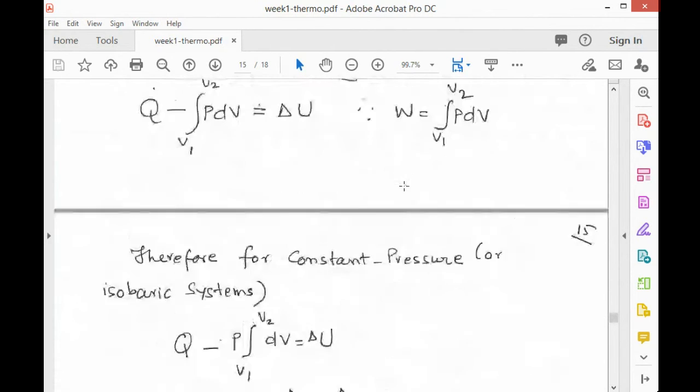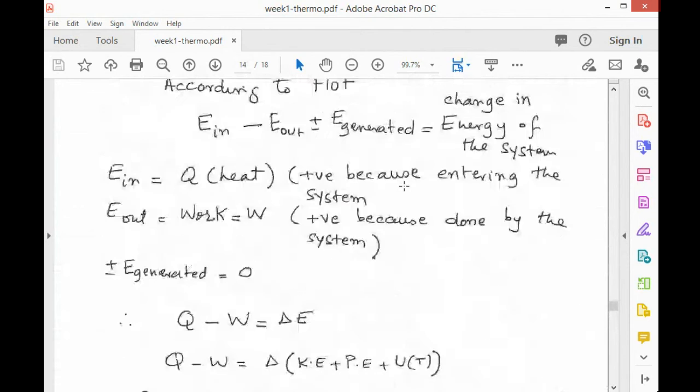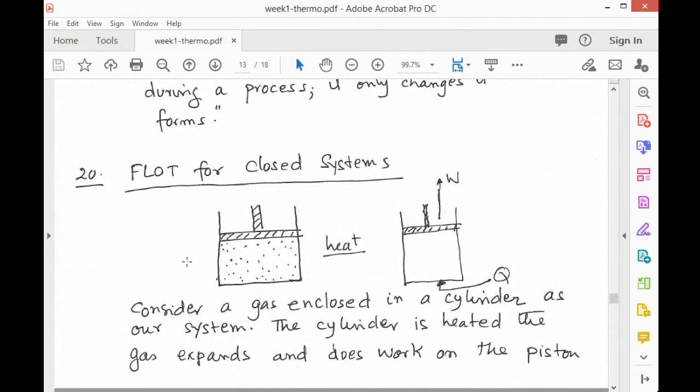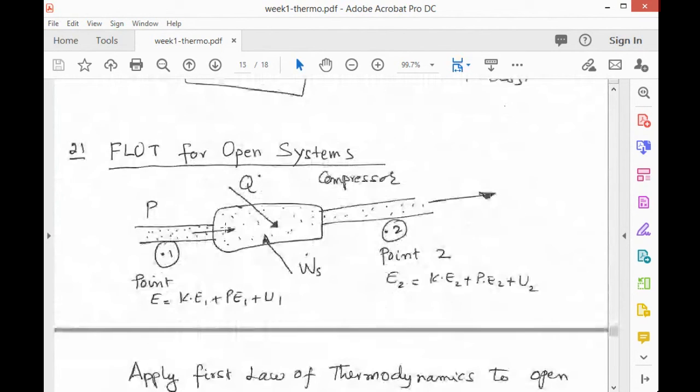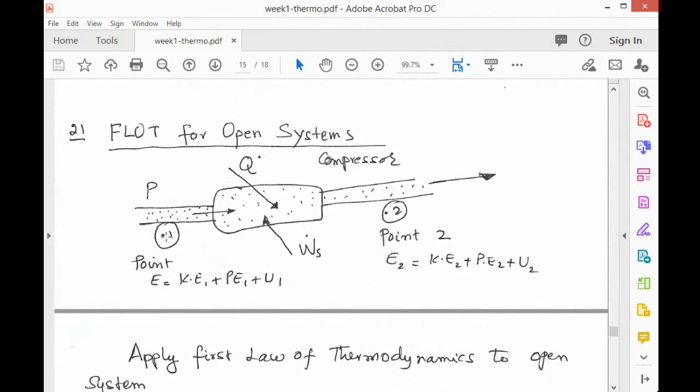See here, in the closed system diagram, there is no entry because it is closed, right? Here we have entry points because this is an open system.